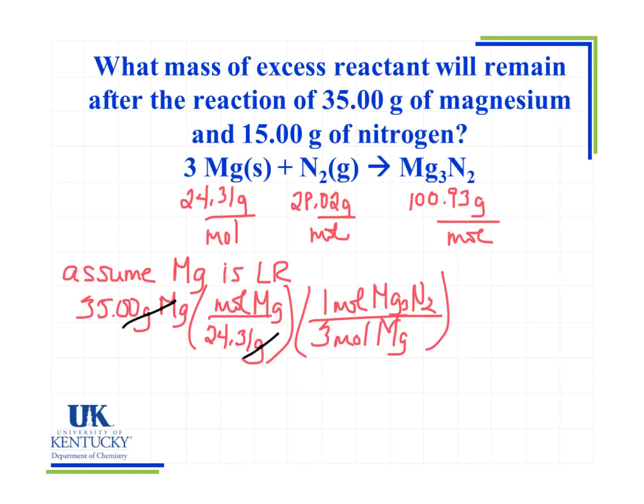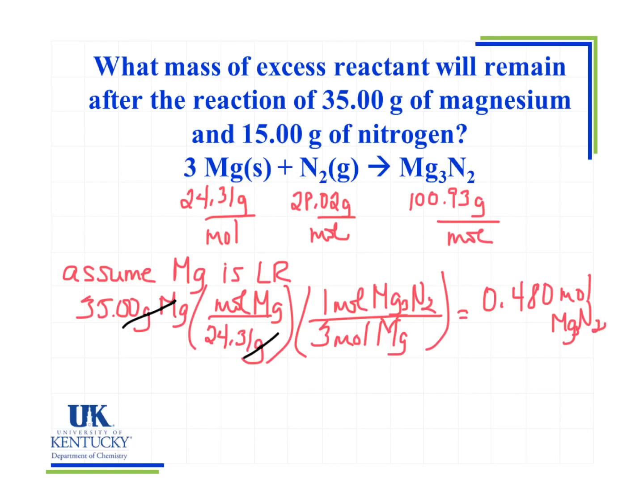It's asking for something else. So I'm just going to calculate the moles: 35 divided by 24.31, divided by 3, gives 0.480 moles of magnesium nitride.